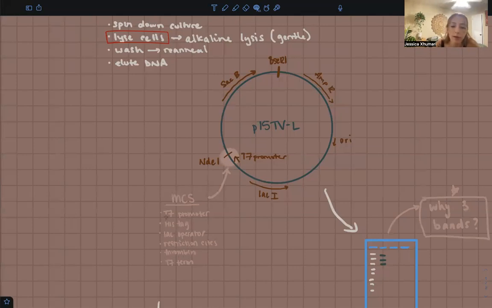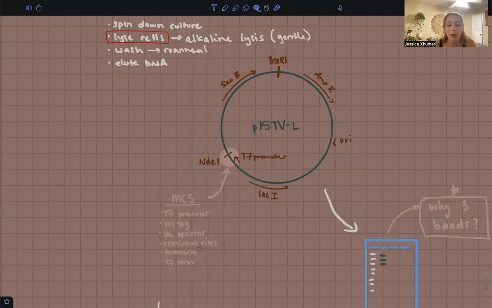In this multiple cloning site, there are more components. We have our T7 promoter, which is right here. We have our His tag, our histidine tag, which is a string of about, let's say, 6 histidines. That'll allow us to select for our protein during purification. We'll talk about that later. We have our lac operator, where our LacI repressor is going to bind right on our promoter region.